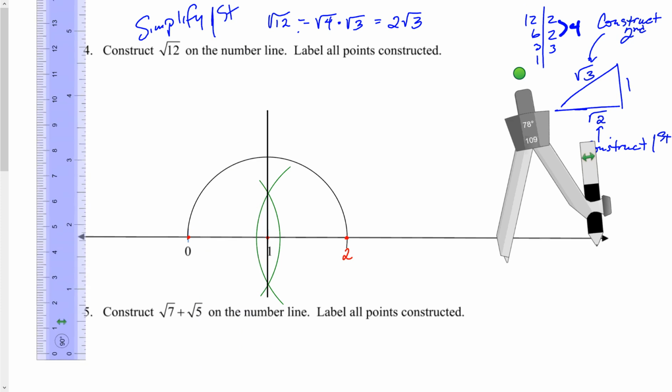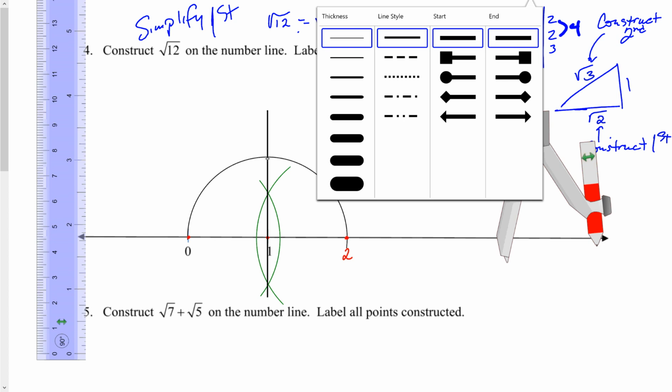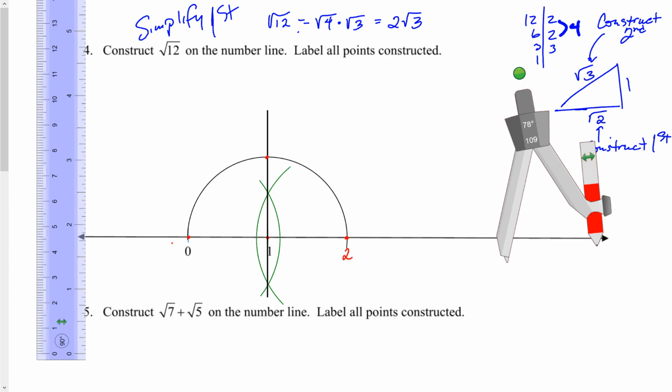Okay, so now let's label again. Always label as you go. So let's call this point A, point B, point C, and let's connect A to B to get root 2.